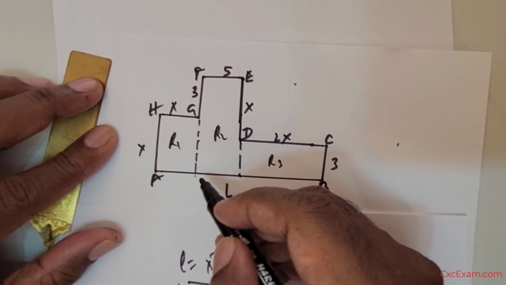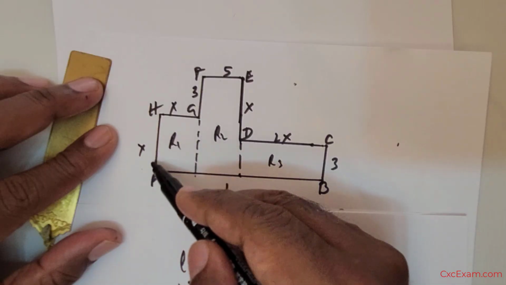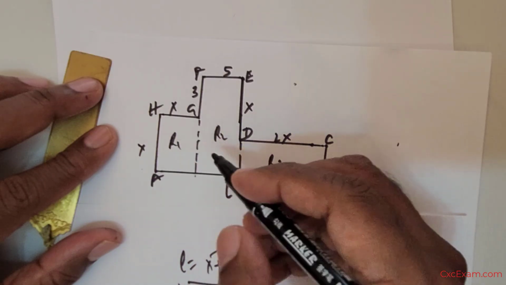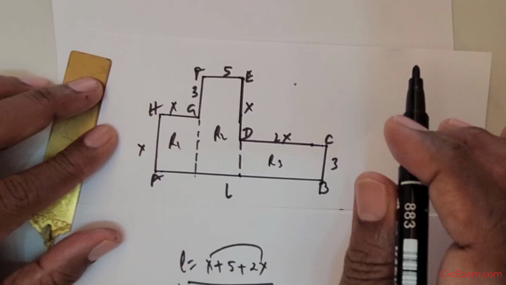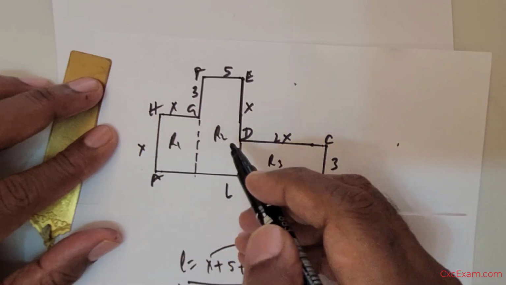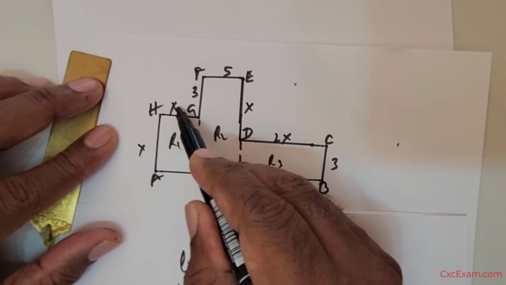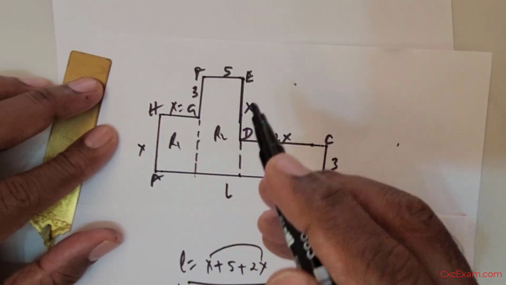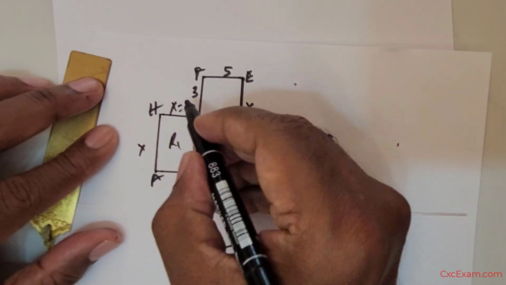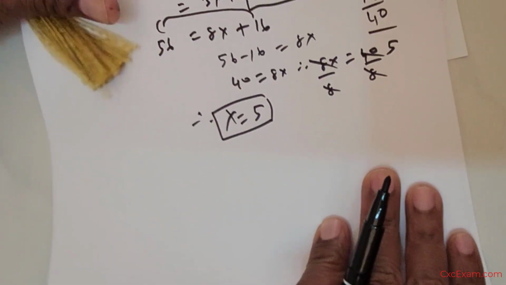So apparently this side is given to be x. Now the figure is not to scale. So if x is equal to 5, see this side is also equal to x. So if x is equal to 5, am I right? X is equal to 5 units, we found that out.